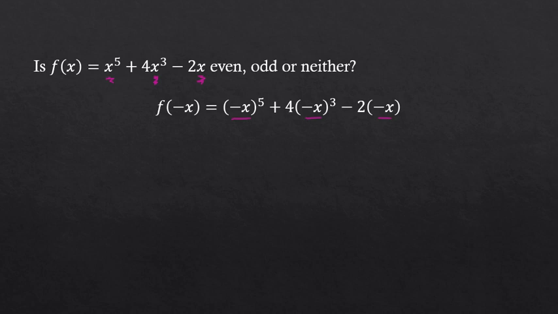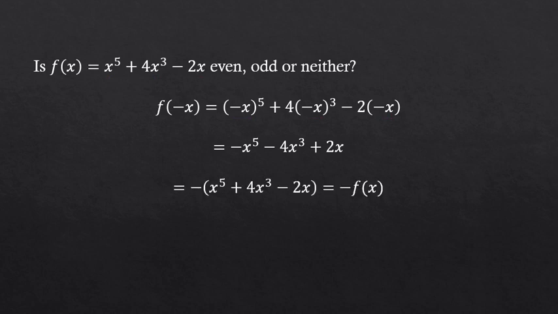So here, I have minus x to the fifth power. That's an odd power, so the sign out front will change. And the same thing goes for here and here. Minus x cubed is raised to an odd power, the sign changes, and minus x to the 1, an odd power, the sign changes. So I have minus x to the fifth minus 4x cubed plus 2x.